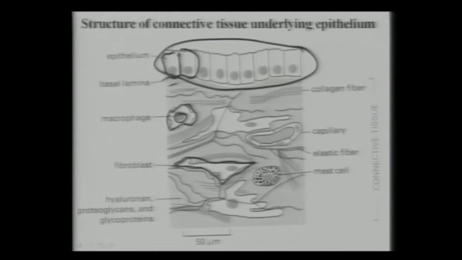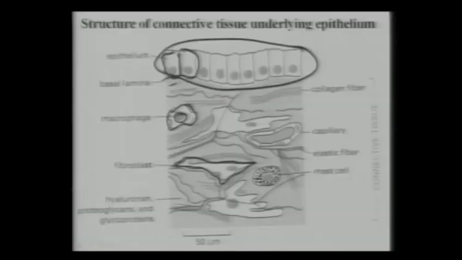And this entire green stuff, as you can see, is the matrix, which contains the ECM, the extracellular matrix. Extracellular matrix means it has collagen as well as hydroxyapatite particles and so on. And you have all other types of cells like mast cells or capillaries, etc., and this shows the collagen fibers. Now, this is called the connective tissue.